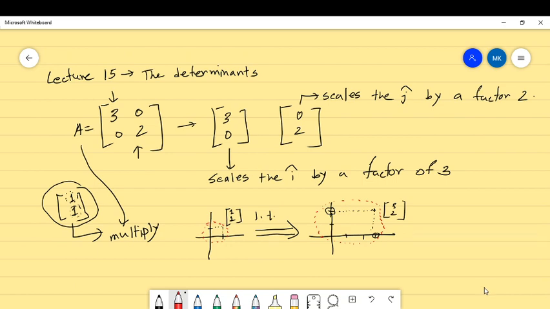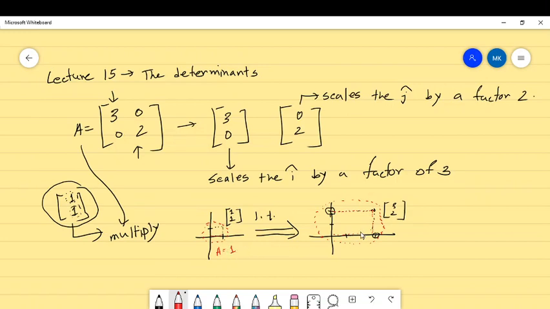If you think about this linearly transformed area after multiplying with this matrix, it is a rectangle. The previous rectangle had a length of 1 and a width of 1, so the area was 1.